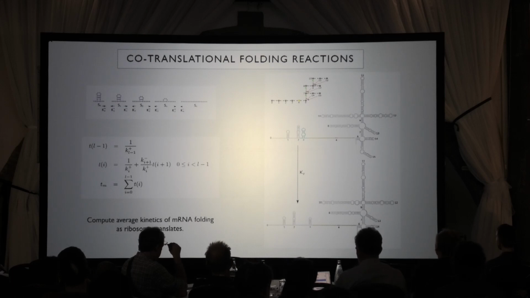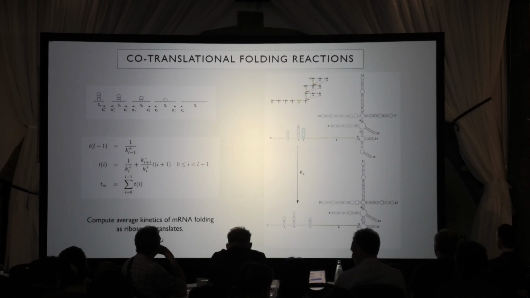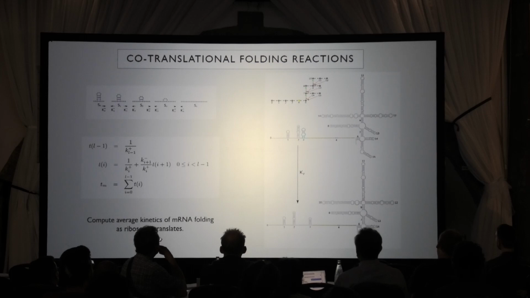Here's an example where you have the ribosomal footprint in yellow, and the structure of MS2 messenger RNA. Here you've got a series of hairpins, and this is in the process of refolding. This hairpin in blue has a more energetically favorable state to be in, which is this one, so you get a transition in which that hairpin will refold. As this ribosome moves, you get a melting of the 3' end and a refolding of the 5' end.